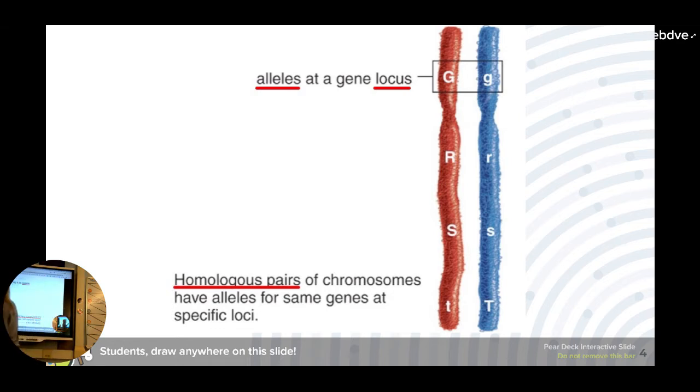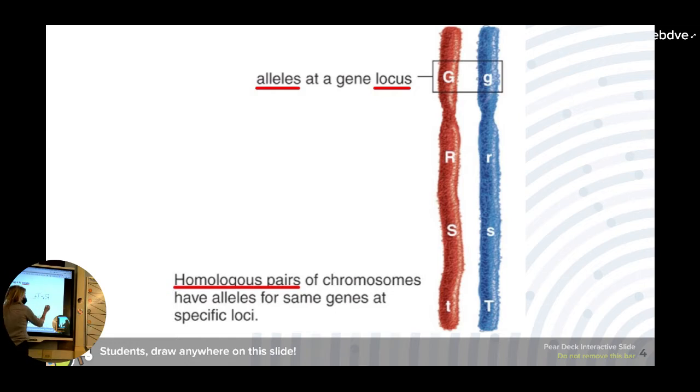Now, I'm going to take one pair of alleles here, big R, little r. What if there was another set of alleles on a totally different homologous pair, where one was a big T and one was a little t? In metaphase 1, could they assort independently of each other? So I could get the big R with the big T, or I could get the big R with the little t.